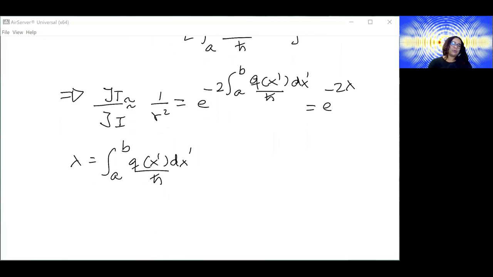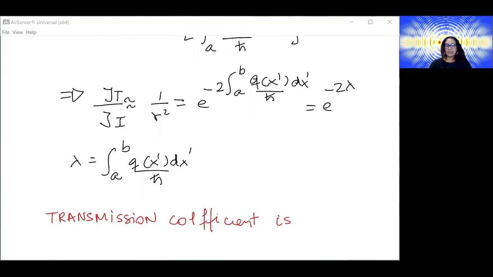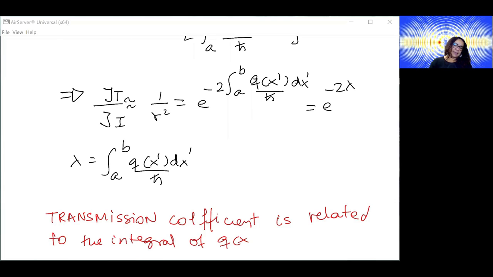Okay, so we can make a statement that the transmission coefficient, or the tunneling coefficient if you want, is related to the integral of q(x) across the barrier.